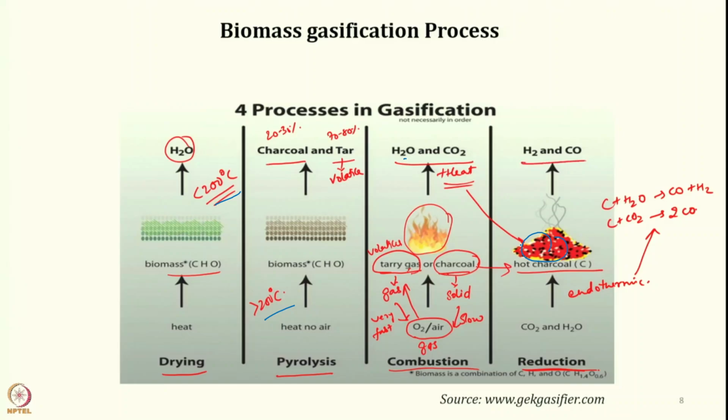The reactions are C plus H2O giving carbon monoxide and hydrogen, and these are all the gasification reactions. In all these processes gas is produced, that's why it is called the gasification process.